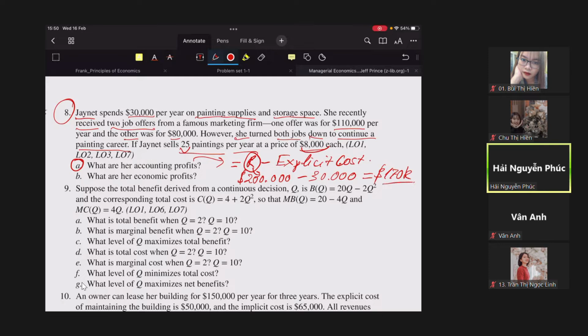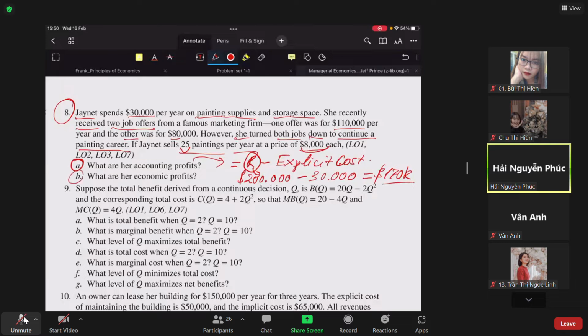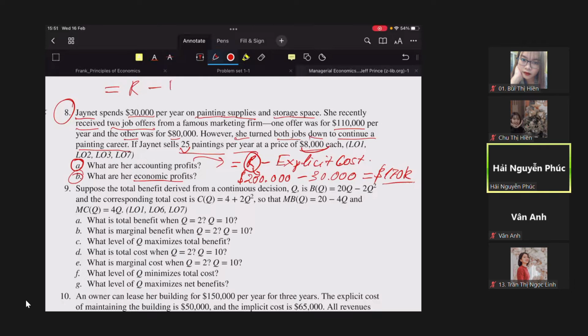Now the second question, about economic profit. How do we compute the economic profit? Recall that economic profit equals revenue subtract explicit costs and subtract implicit costs.